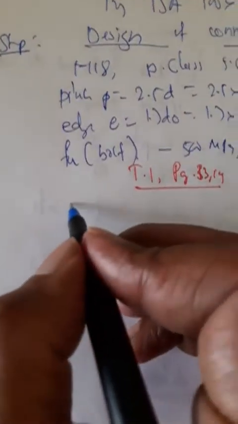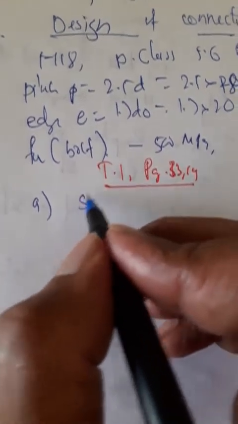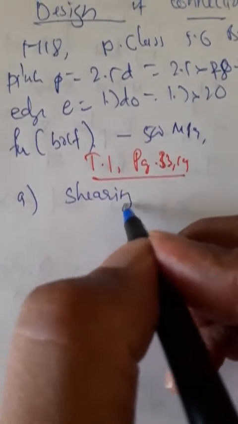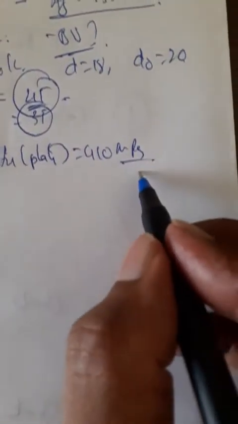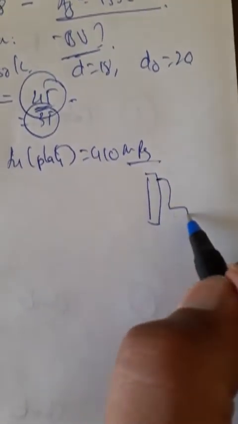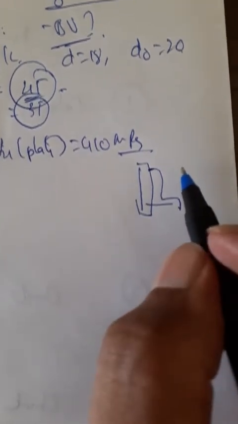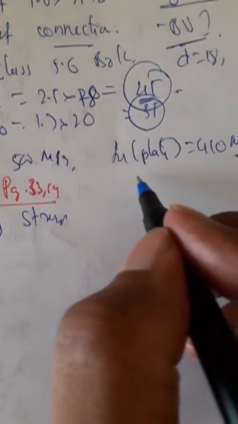Now first find shearing strength. The connection is something like this. This is one angle. For this angle you are going to provide a channel, or I will draw another neat diagram.